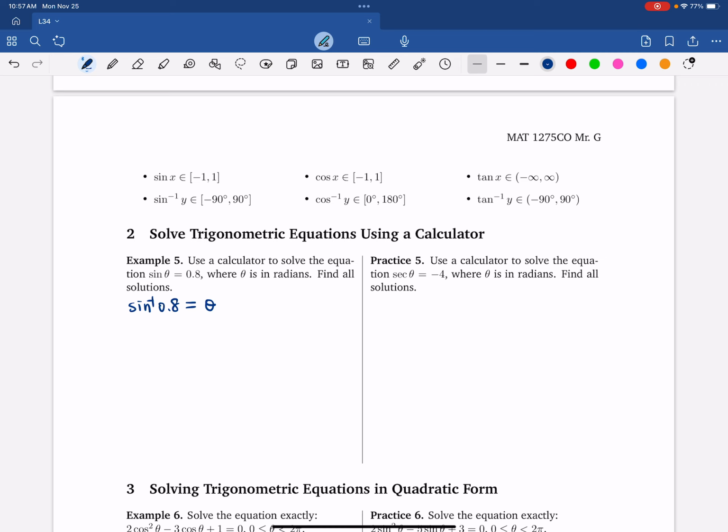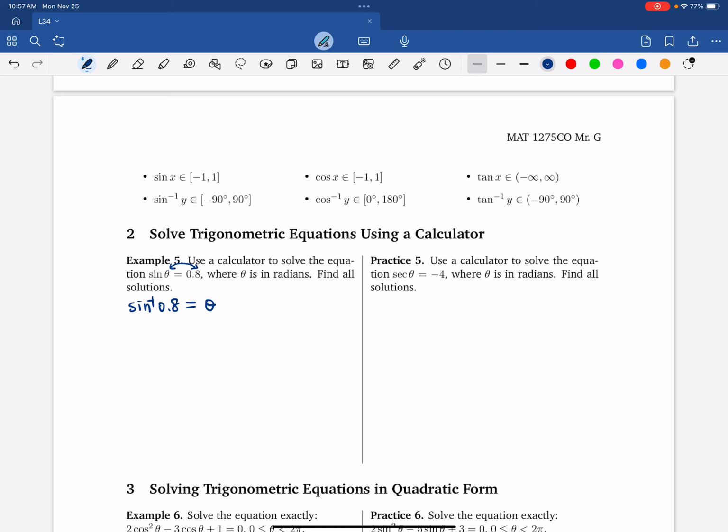The inverse of sine is sine inverse, and then you switch these 2 numbers. It's kind of similar to the log and the exponential that we did in early handouts. You do the inverse of the main function and then you switch the numbers. So that's how I got the first equation. And that equation basically gives you the value of theta. You just need to use your calculator to calculate.